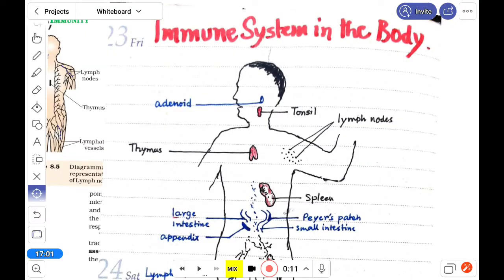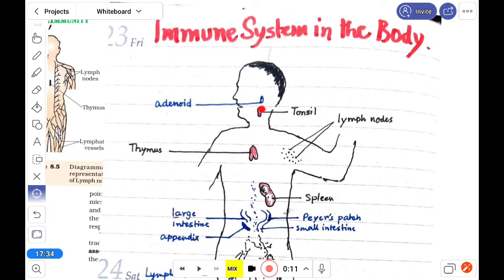Next is the immune system in the body. In the body there are some cells and some organs where immune cells are available. If we start from here, the adenoid is a lymphoid tissue that normally exists in the nasopharynx of children. It is also known as the pharyngeal tonsil. Then next is the tonsil.